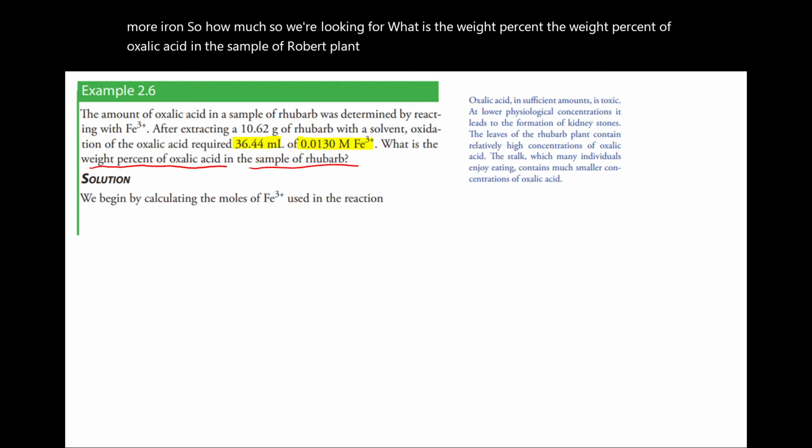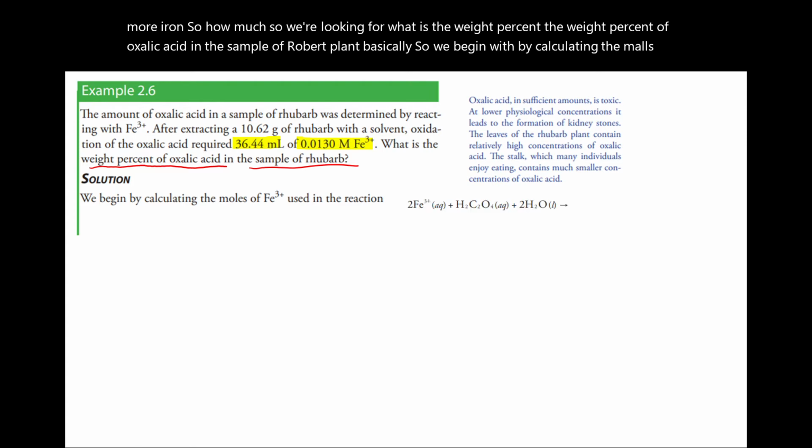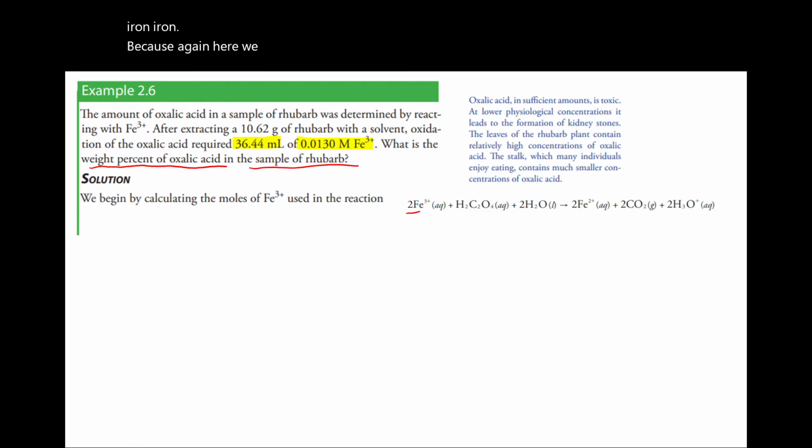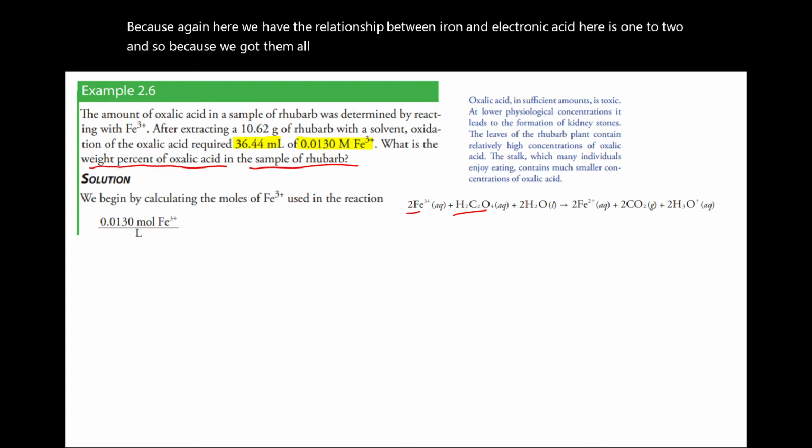We begin by calculating the moles of iron, because here we have the relationship between iron and oxalic acid, 1 to 2. We have the molarity of iron, 0.013, that's moles of iron 3 ions per liter of solution, times the volume.